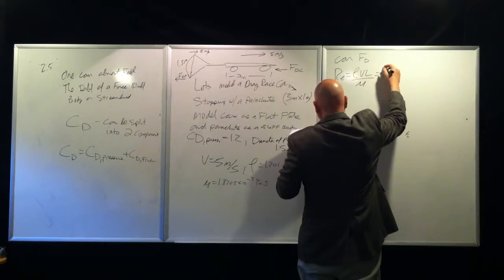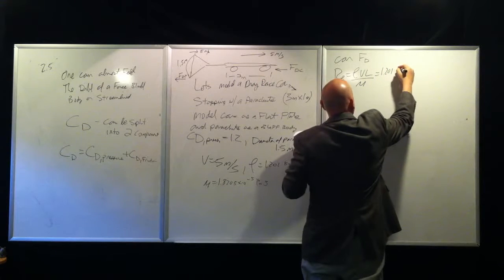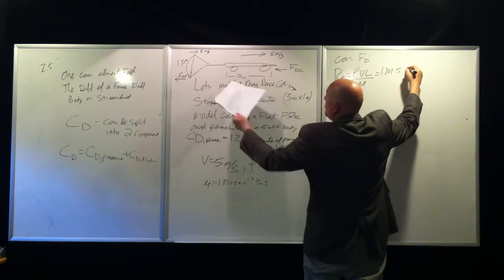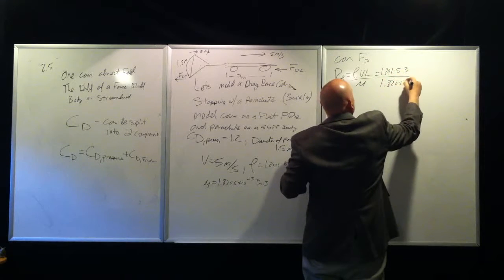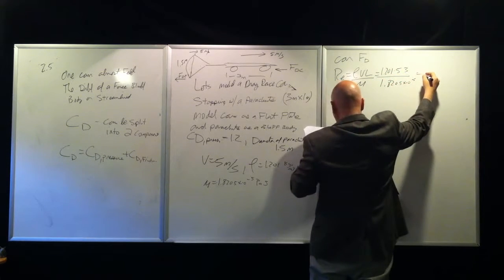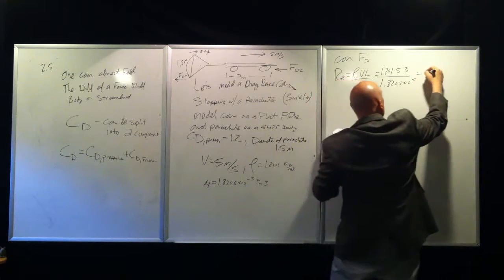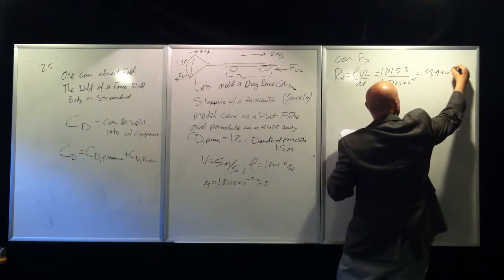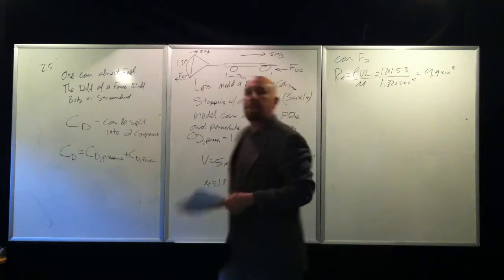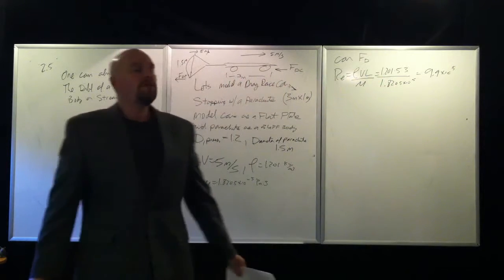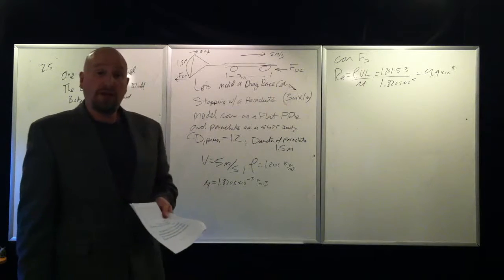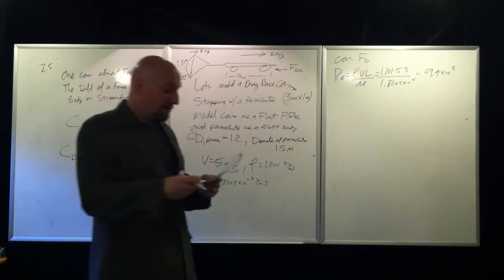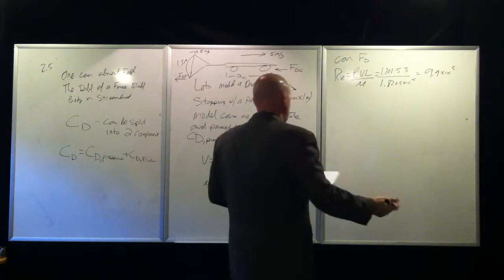Reynolds number: 1.201 times 5 times the length, which is 3 meters, over the viscosity, 1.8205 times 10 to the negative fifth. That gives a Reynolds number of 9.9 times 10 to the fifth. Looking back at your notes, that is greater than 5 times 10 to the fifth. Therefore, we should utilize the turbulent flow regime model to come up with the coefficient of drag of a flat plate.